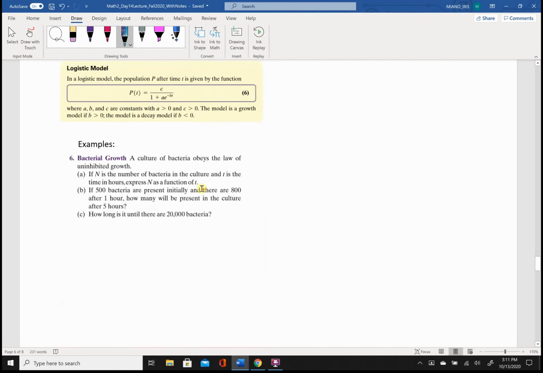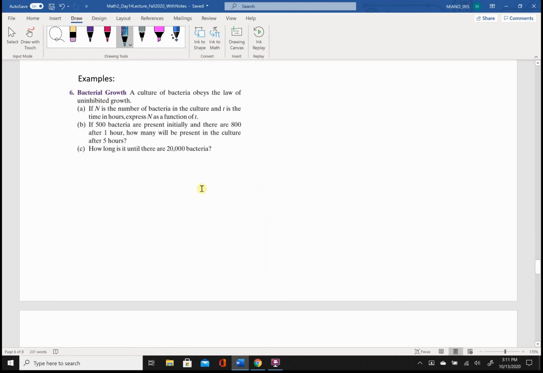Okay? So for number 6, for bacterial growth, it says a culture of bacteria obeys the laws of uninhibited growth. So for part A, they're like, if N is the number of bacteria in a culture and T is the time in hours, express N as a function of T. Okay, no sweat. We know this formula.